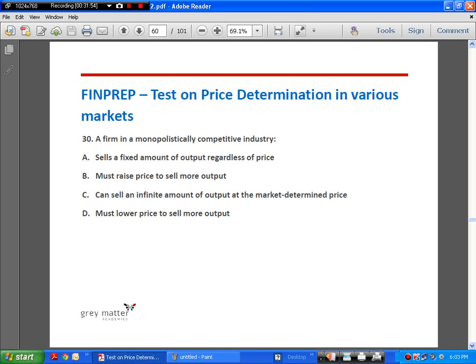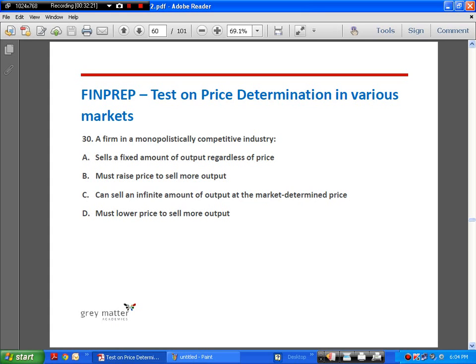30th question. A firm in a monopolistically competitive industry sells a fixed amount of output regardless of price, must raise price to sell more output, can sell an infinite amount of output at the market determined price, must lower price to sell more output.